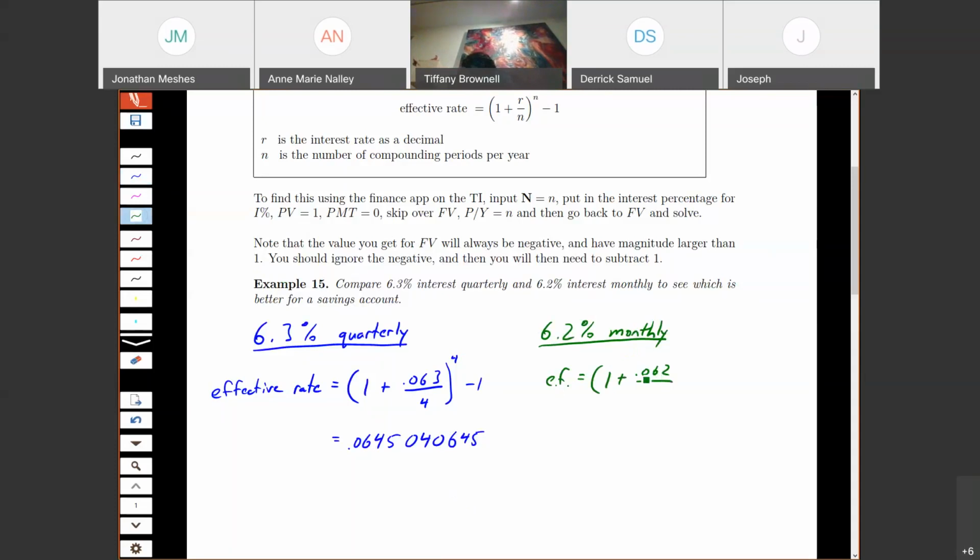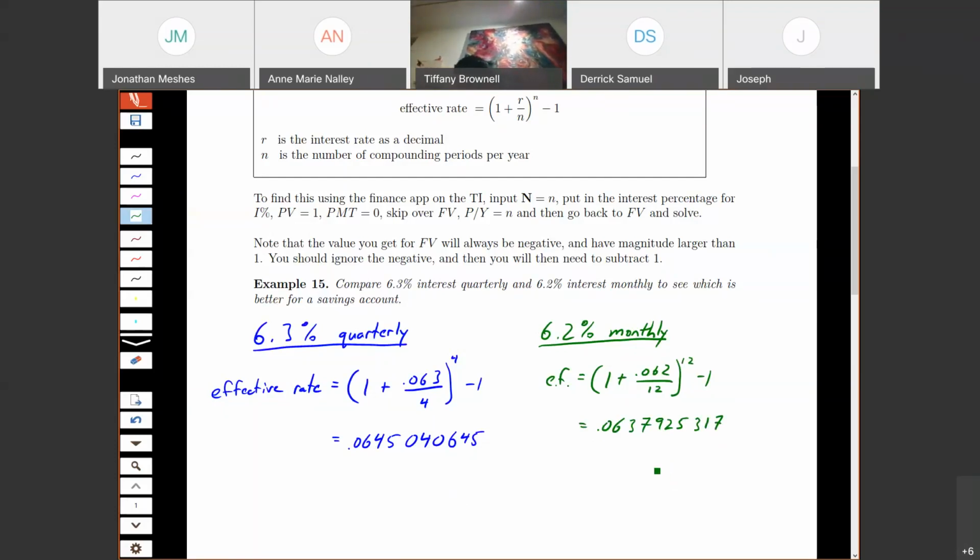It's monthly, so the n is 12, to the 12. So here we get 0.0637317.